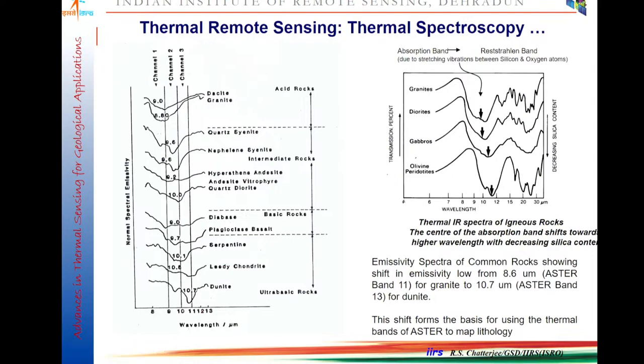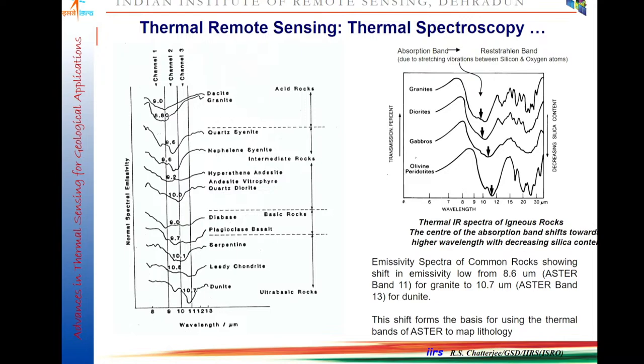Now, what are the recent advances in thermal remote sensing? It is thermal spectroscopy. It's not just a single band thermal image, or a multispectral thermal image, but much more than that. We should be able to see the thermal spectra of the geological materials. Where are the absorption peaks? Why is it important?